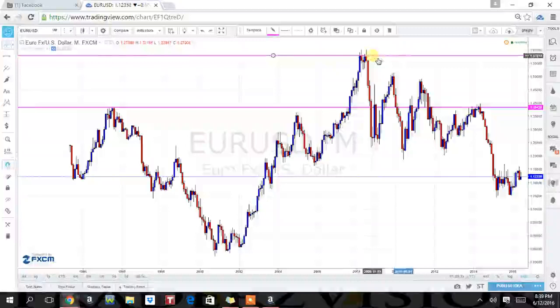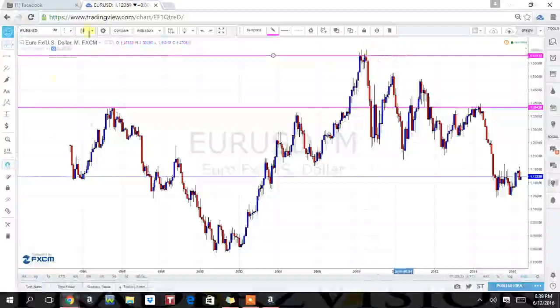It failed. You see all the wicks to it too, where you can see the buyers try to push up and break through it, but sellers took control, pushed price back below it, and it ended up closing below this support resistance zone. So therefore it dropped.